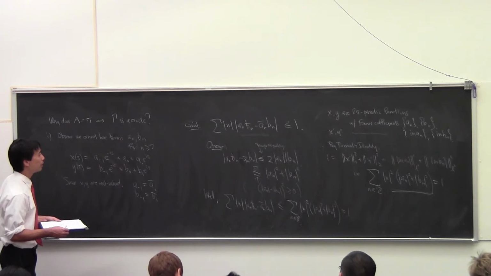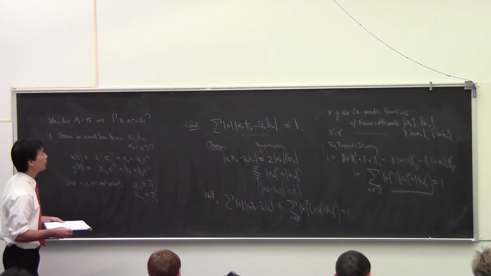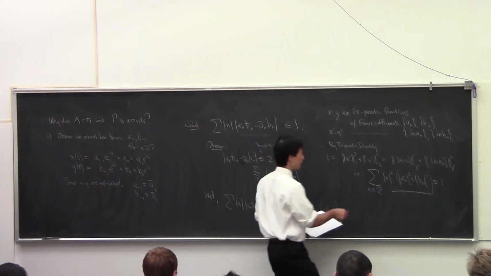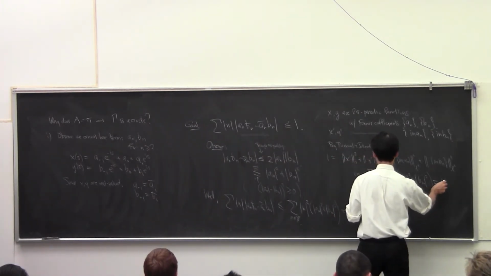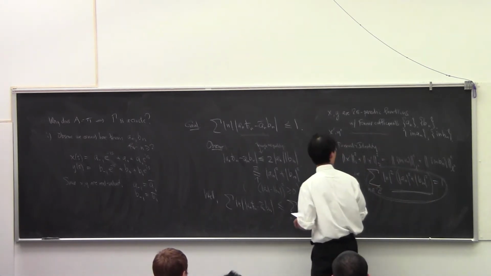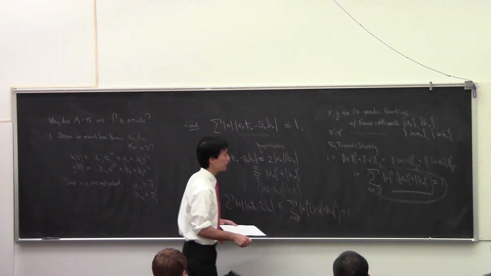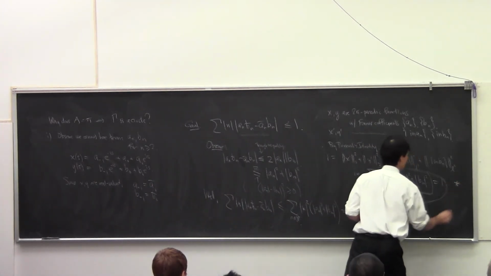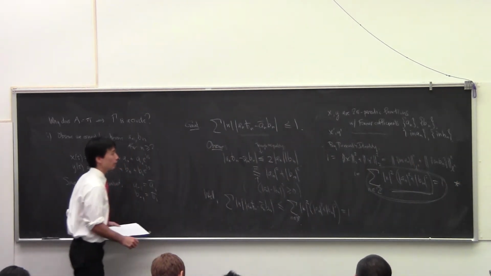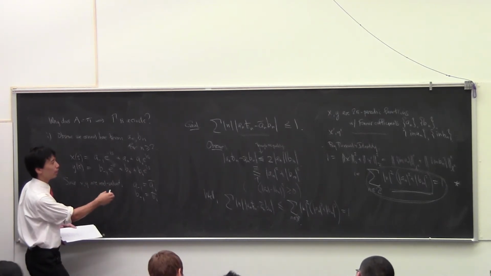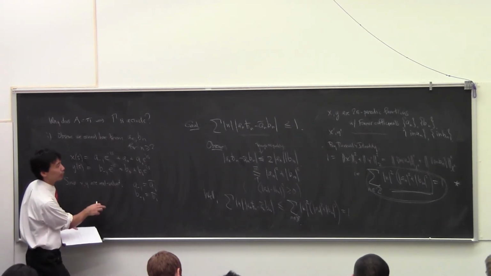And so if we look at this thing, what does that tell us? Let me put the star on this. We have only terms for 1, 0, and minus 1.